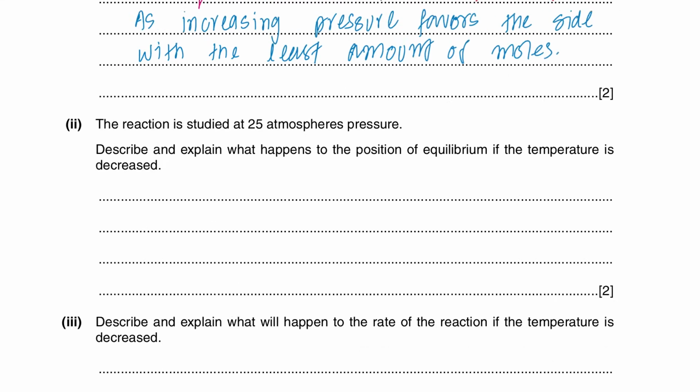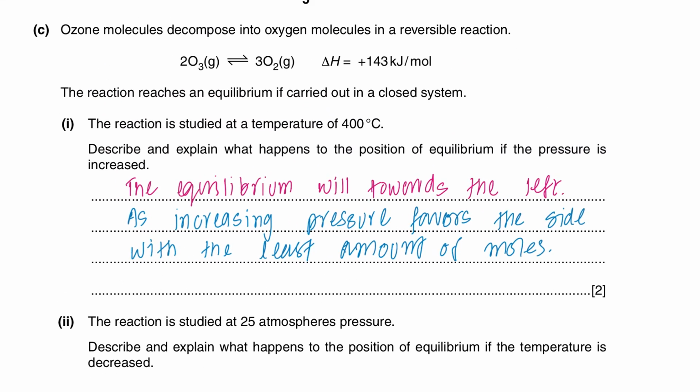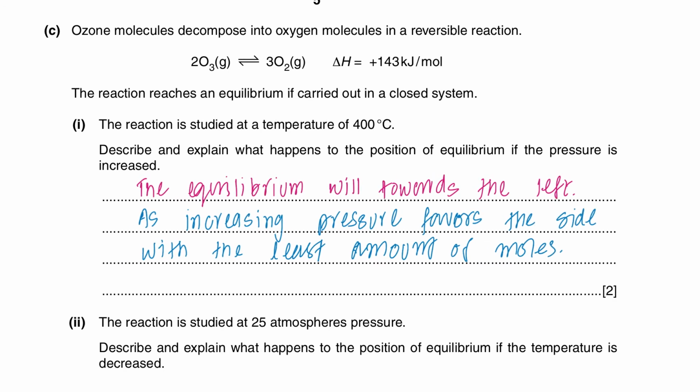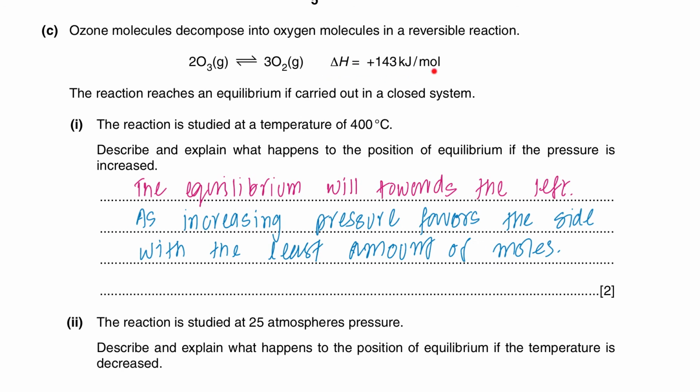So if I go back to the equation, I notice that as you go towards the right hand side, it's an endothermic process. So decreasing the temperature favors the exothermic side, right? So the forward is endo.